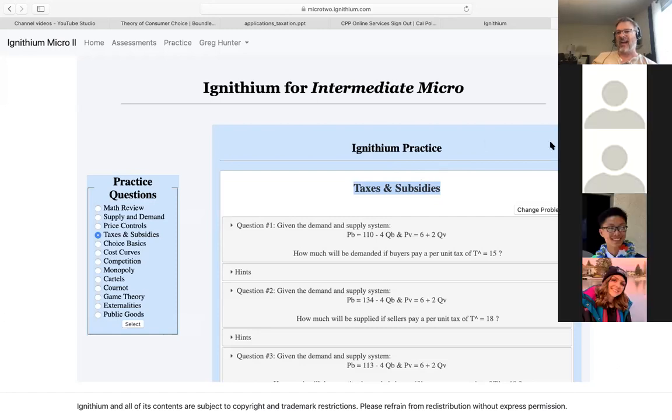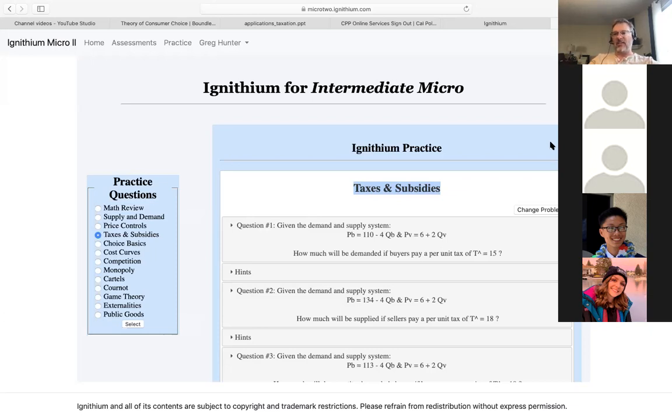I'll tell you guys two things, and hopefully you remember them, because I may not repeat them, but they're important for your grade in the class. So one is that normally on the exam, in addition to your Ignithium questions, I'll ask you to explicitly graph either a price ceiling or a price floor, or in this case, a tax.